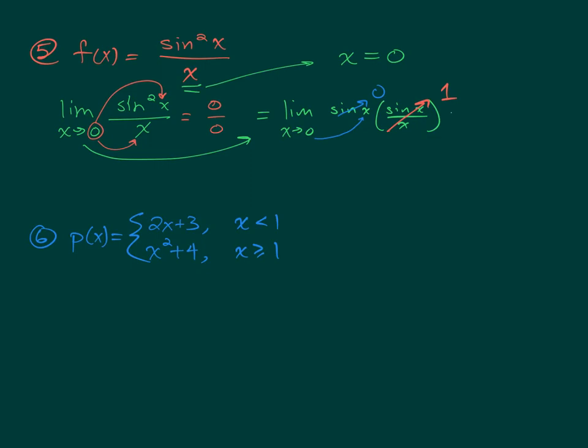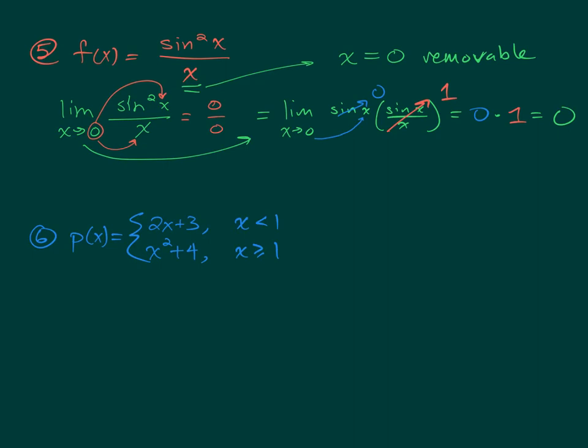So this entire limit is 0 times 1. And 0 times 1 is, in fact, 0, and that is a real number. So we know that there's a discontinuity at x equals 0, but when we find the limit as x approaches that discontinuity, 0, we get a real number. That means x equals 0 is a removable discontinuity.